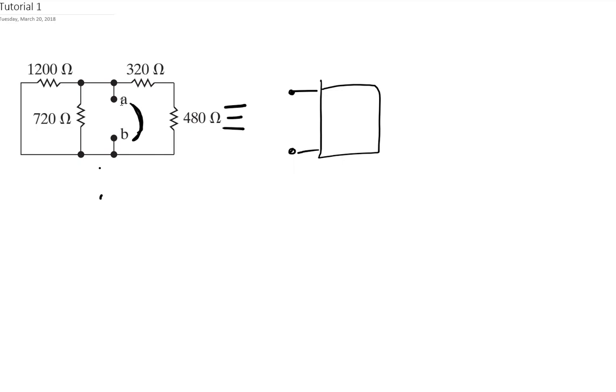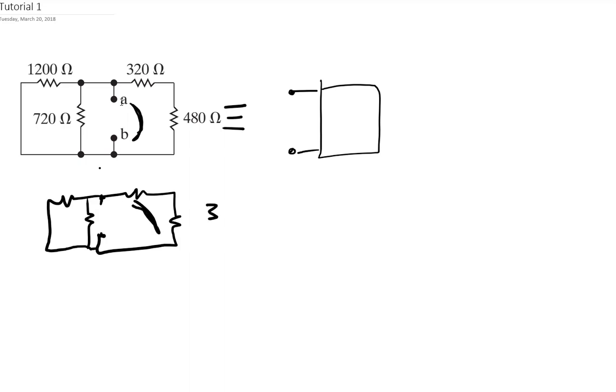So here is A, B, there is one resistance, another one, and there is one resistance here, and the second one is in parallel with A and B, right? So these two resistances are in series. Their total is 320 plus 480, which is 800 ohms.